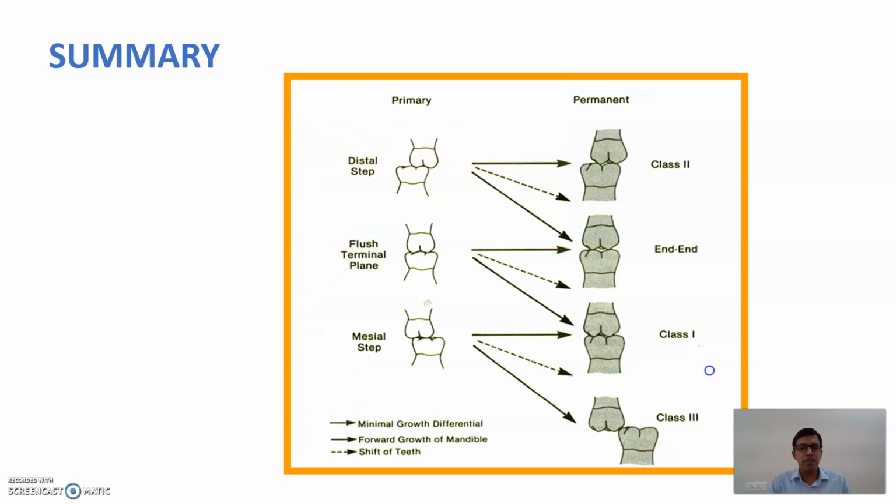The next factor is the spaces available, that is primate space, physiologic space or leeway space. One more factor which determines the position of these permanent molars is the differential growth of the mandible. So these three factors should be kept in mind during the eruption of the permanent first molar.